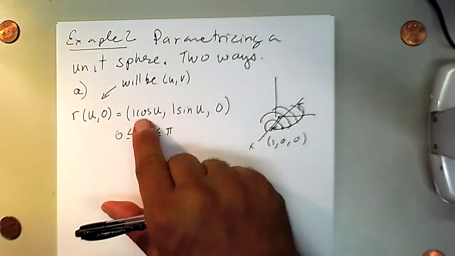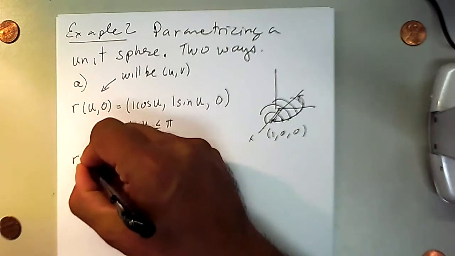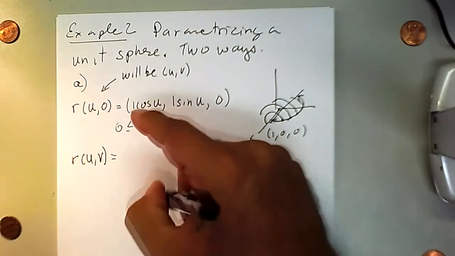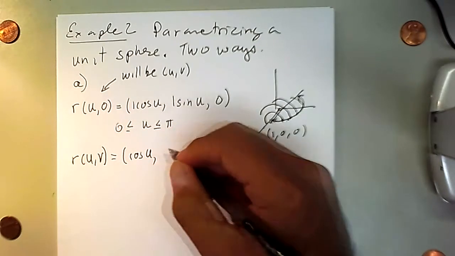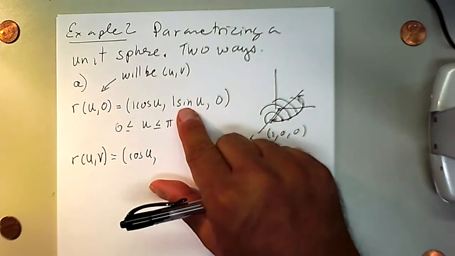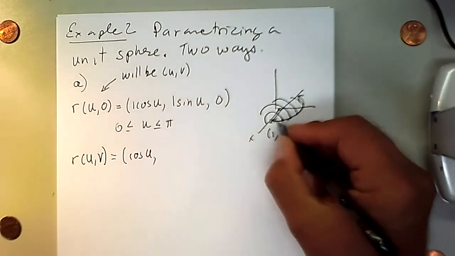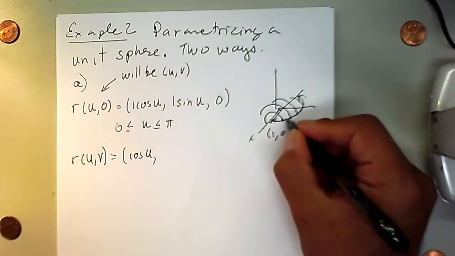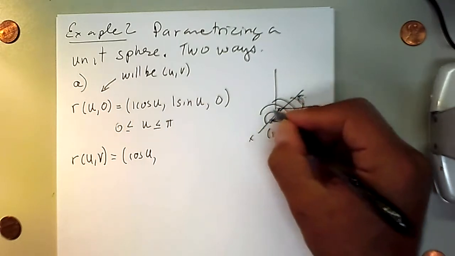Okay, so now we're going to create a second dimension. R of UV will be, keep this one as is, cosine U. To this one, we're going to include a cosine of V. The U creates this arc, and the V creates, for each one of those points on the initial arc, a whole circle.